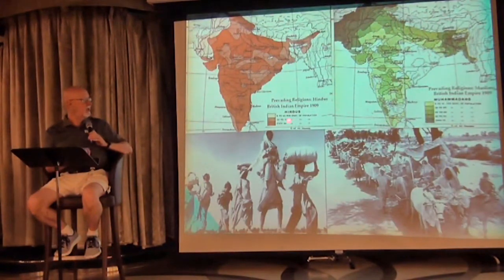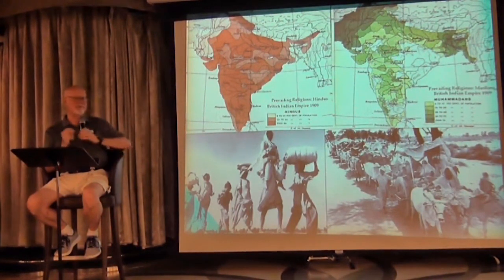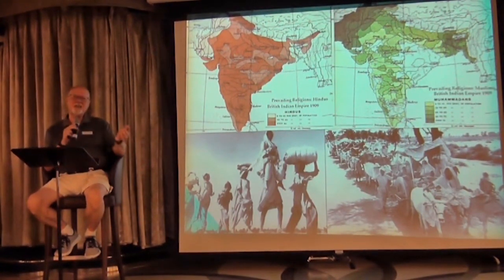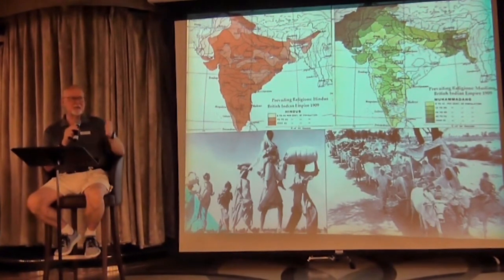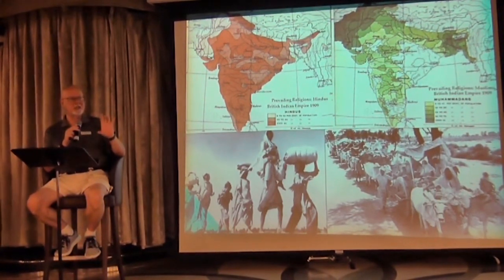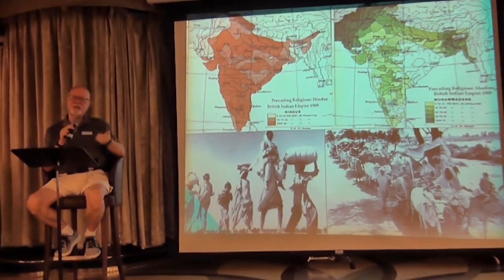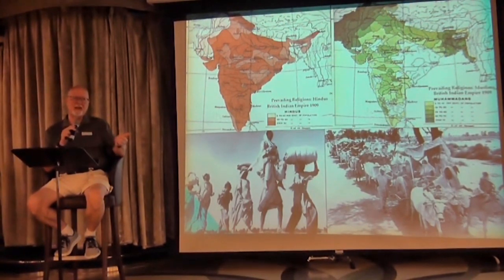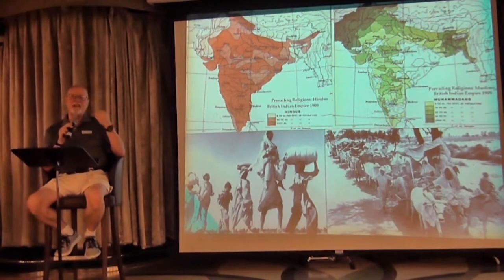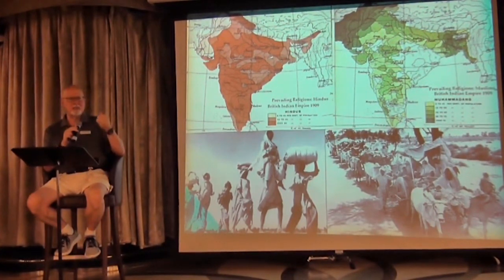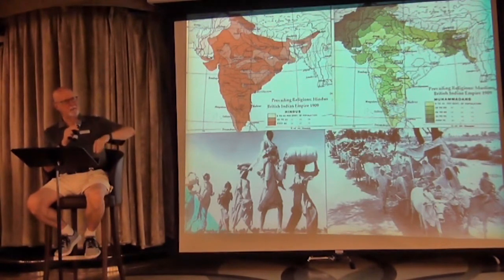And so they lost Gandhi right at the time of greatest importance as they gained independence. But the independence, because of this division, occurred simultaneously with the partition of 2 nations. When the British formally declared that there was a dominion of India and a dominion of Pakistan, there was a migration of 12 million people in both directions.